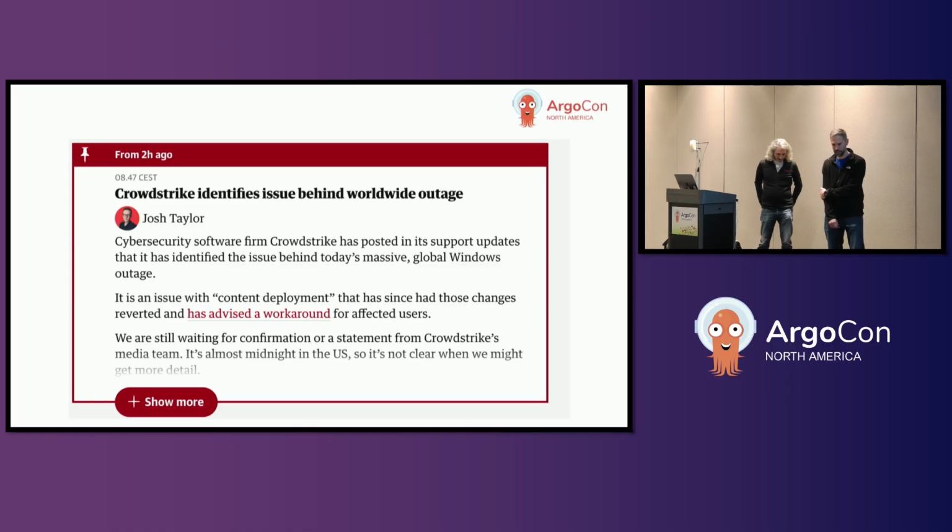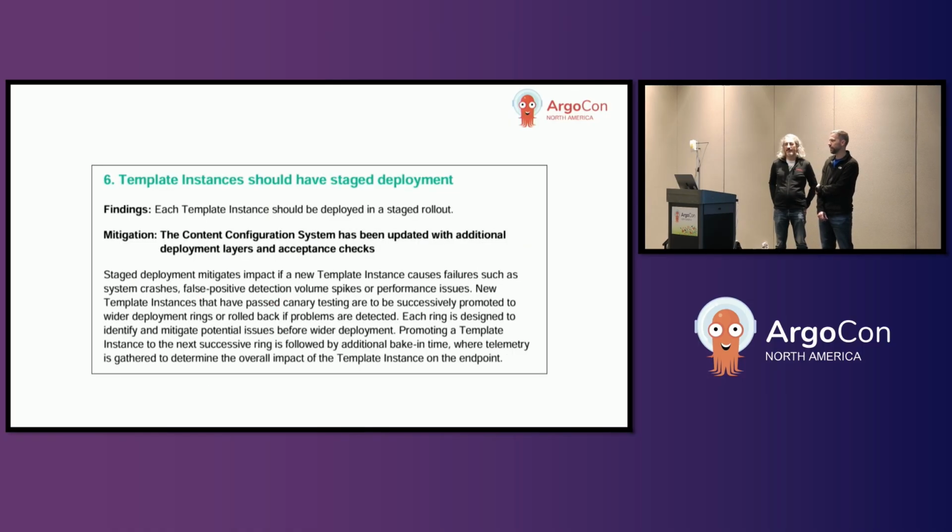A lot of people like me ran into a lot of issues, and then they did their post-mortem and figured out that they probably shouldn't have rolled out to the entire production and maybe do staged rollouts. And that just so happens to be something that you can do with Argo Rollouts.